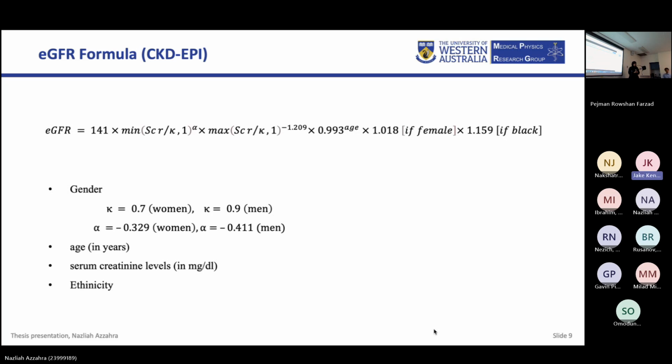My question follows on from that. Do you think there are any other factors that would affect the clearance of iodine and the absorbed dose, like, for example, how much it's taken up into the thyroid? Yes, absolutely.